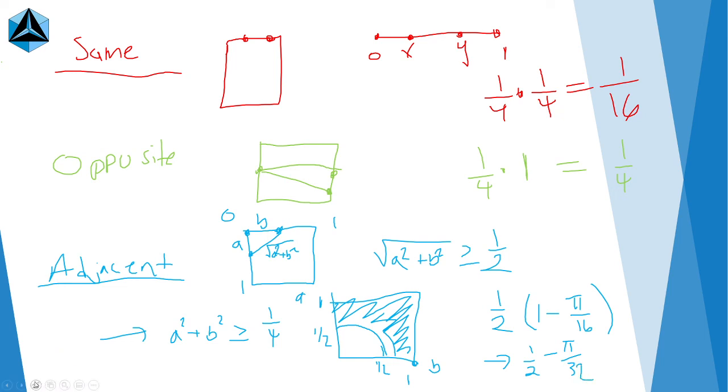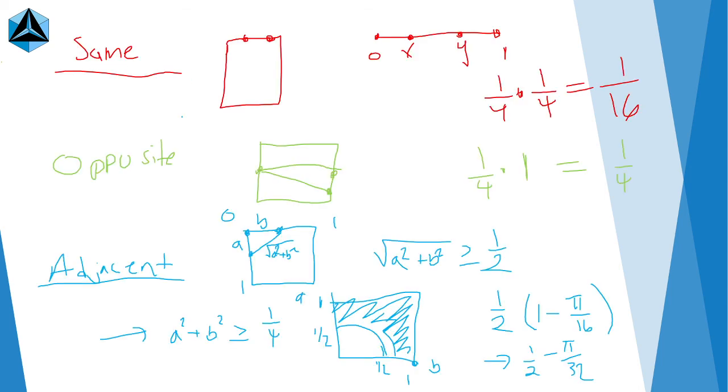And now we just have to add these all up to get our answer. I have another thing set up. Just transfer these over. We have 1 over 16 plus 1 over 4 plus 1/2 minus pi over 32. We can get a common denominator of 32 here.